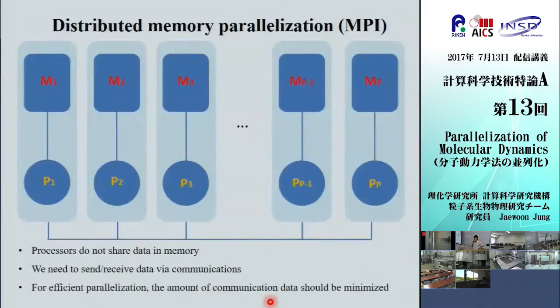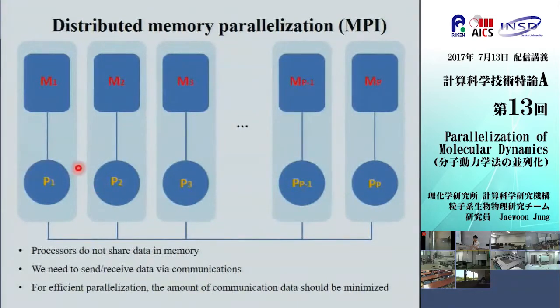Another parallelization is distributed memory parallelization. The most representative is MPI, which is message passing interface. In this case, each processor accesses different memory. So different processors do not know about other processors.